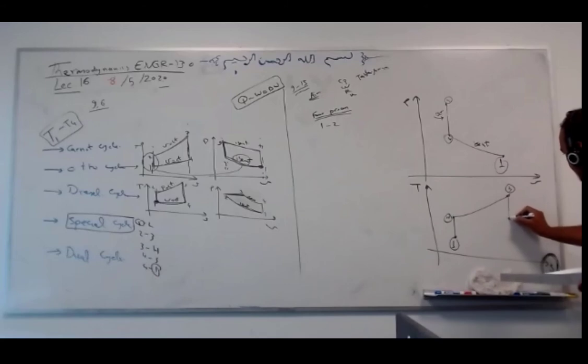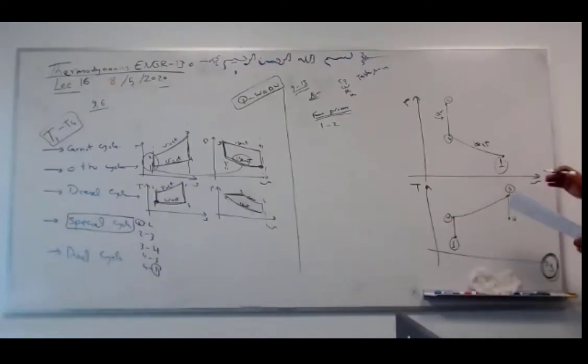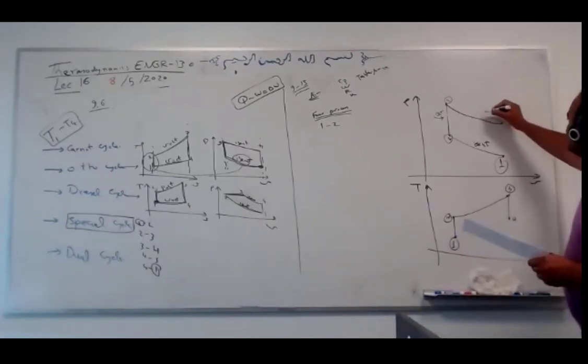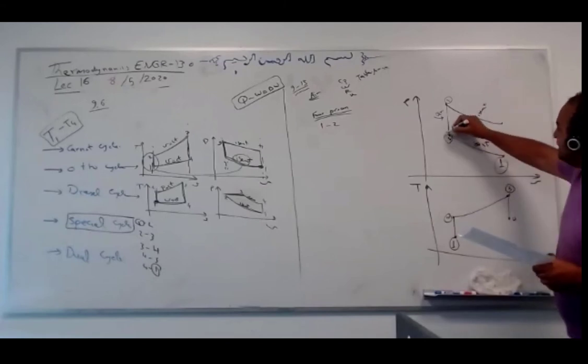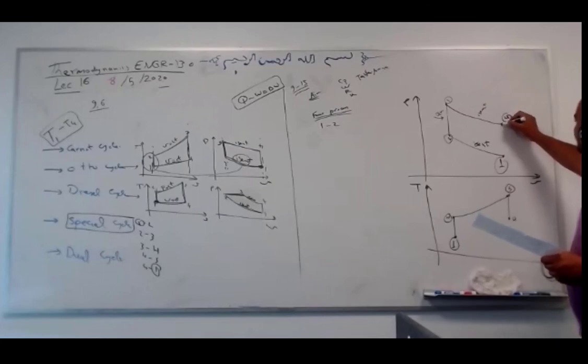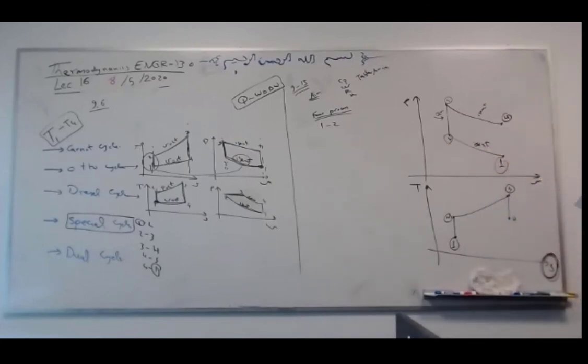This is state 4, somewhere here. Expansion means temperature decreases, pressure decreases. So expansion means everything decreases. This is compression, pressure builds up, volume decreases. Expansion, volume increases. It looks very much the same as the Otto cycle so far.